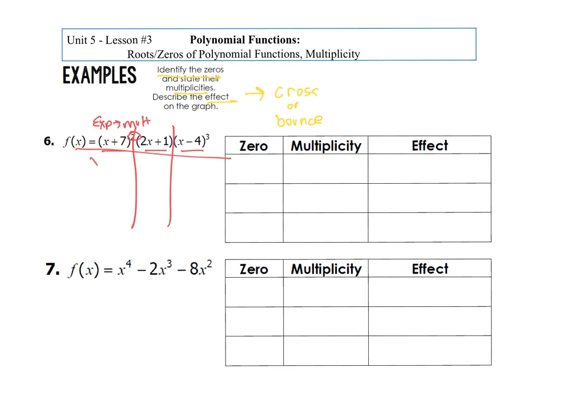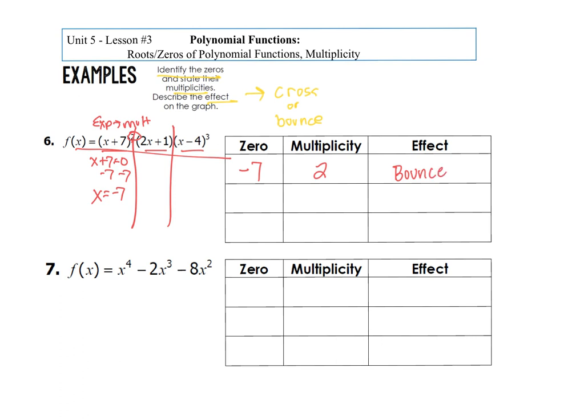So if I say x plus 7 equals 0, we subtract 7 from each side. So my zero is at negative 7. Its multiplicity is the exponent, so its multiplicity is 2. Because 2 is even, we're not crossing through at that zero. We're going to bounce. So that's what we write down.